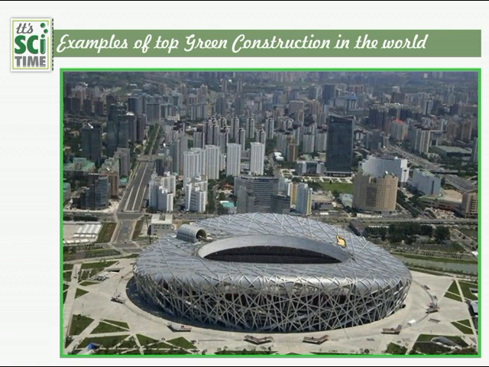When they were clearing this land and breaking the old buildings, they collected all the resources from those buildings and reused or recycled them to construct this one. And also it uses natural ventilation and natural sunlight.